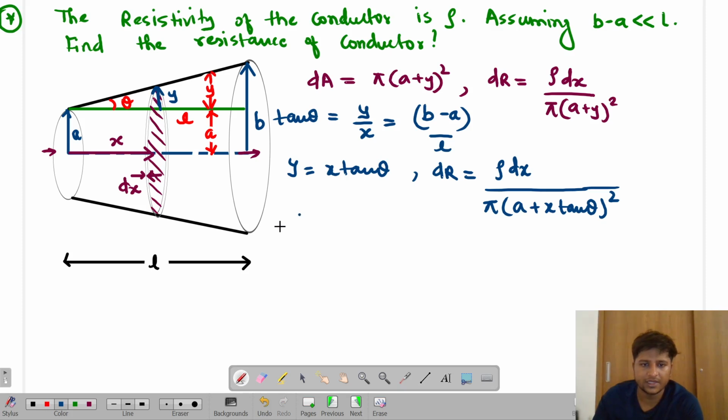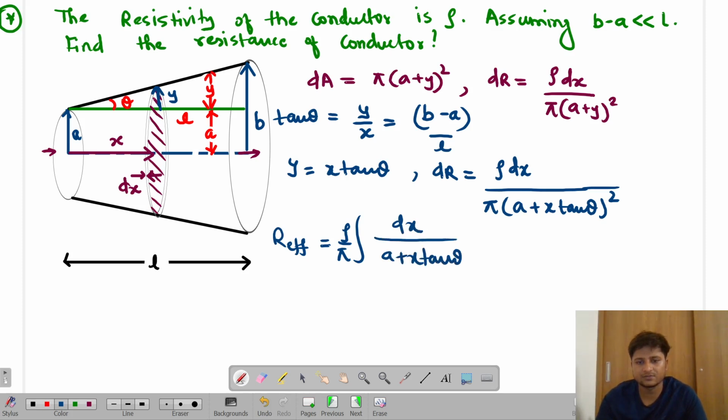So look over here. I got dR as rho dx by pi (a plus x tan theta) whole square. So if I want to find R effective, it is simple: integration of rho by pi outside, dx by (a plus x tan theta) whole square.